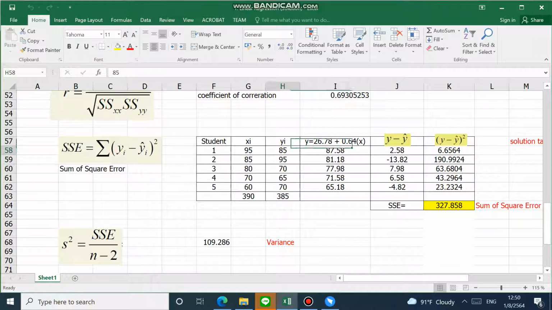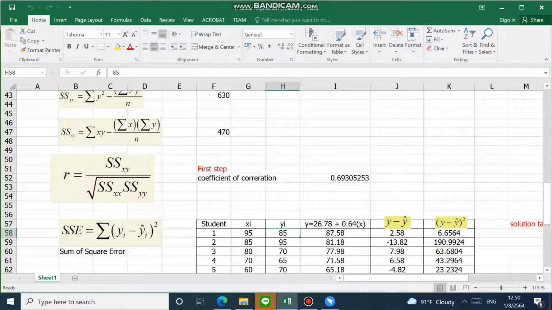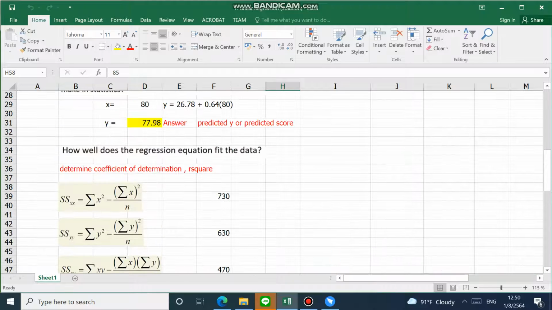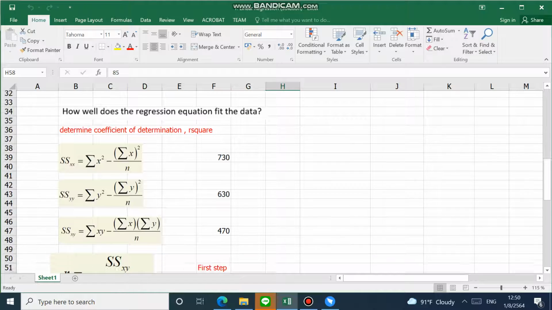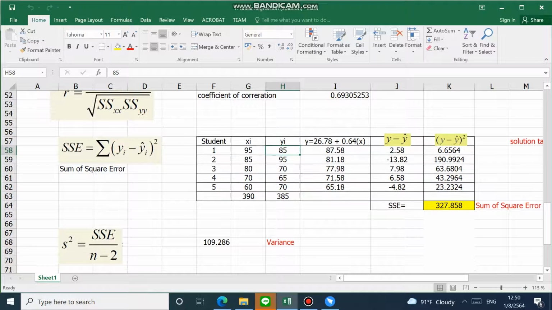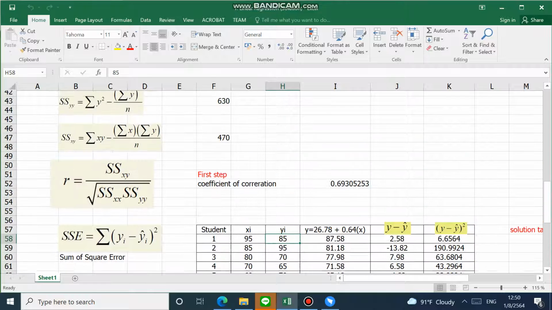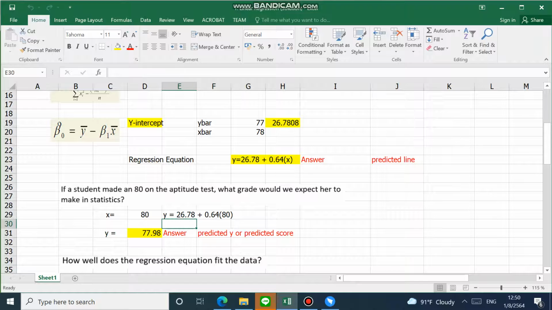The actual y values minus predicted y, and then you can compute sum of square error. From bottom to up, you can trace back to compute SSE, and then you find coefficient of correlation, linear regression.